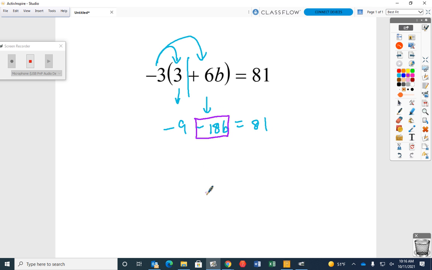What's outside that box? How do I get rid of a -9? You add 9. So I add 9 to this side, and I add 9 to this side, and this is canceled. I bring down my -18b, and what's 81 plus 9? 90. Okay, now how am I going to solve this? What do I divide each side by?